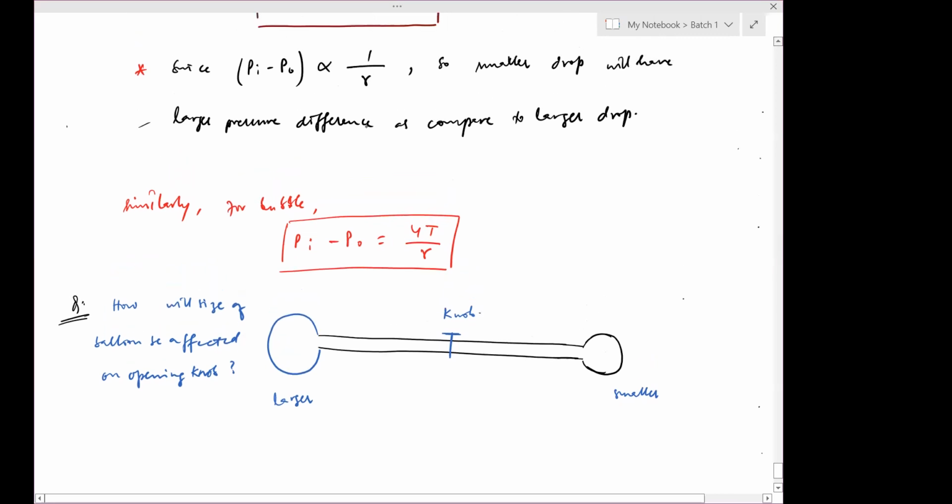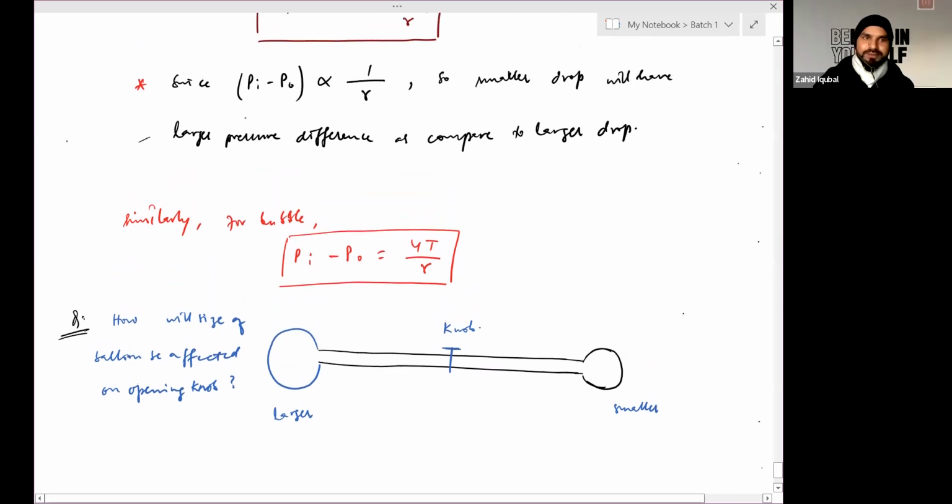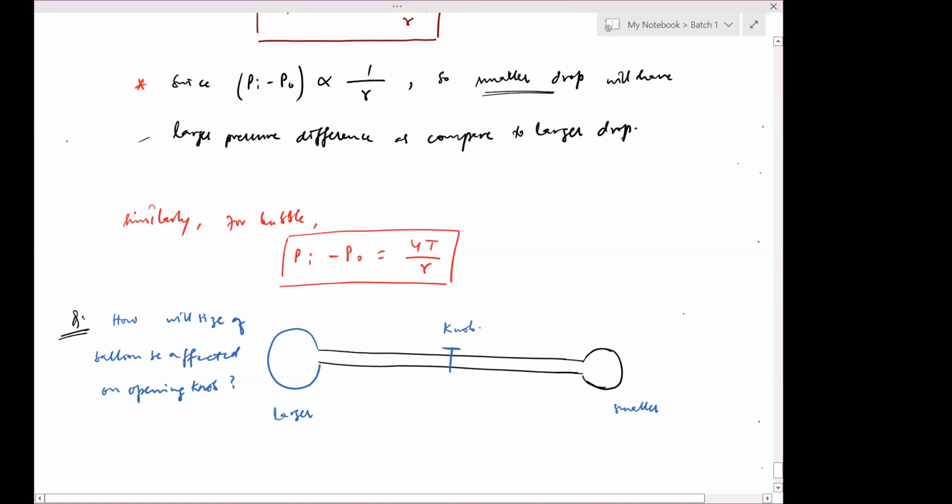Just see the above part in which I have defined that pressure difference is inversely proportional to radius. So a smaller drop or smaller bubble will have a large pressure difference as compared to a larger one. Is it clear? Yes, sir. Okay.